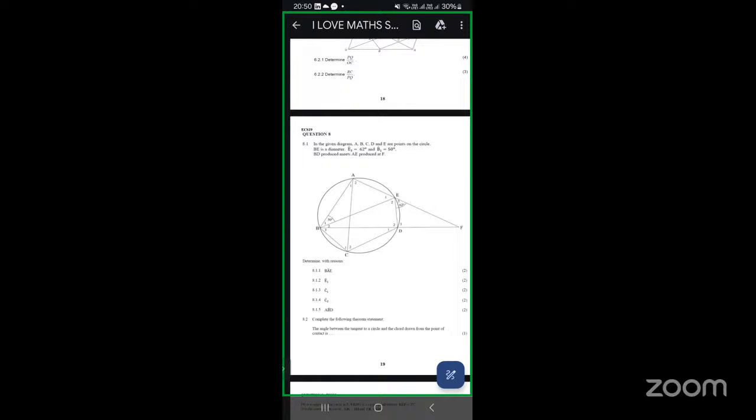Angle C1 equals angle E3. You are saying angle C1 is equal to E3, reason being angle subtended by the same arc. Wait, no, I beg your pardon.